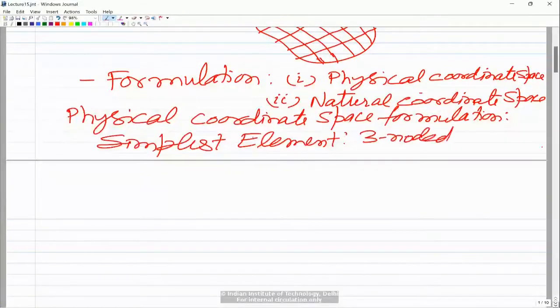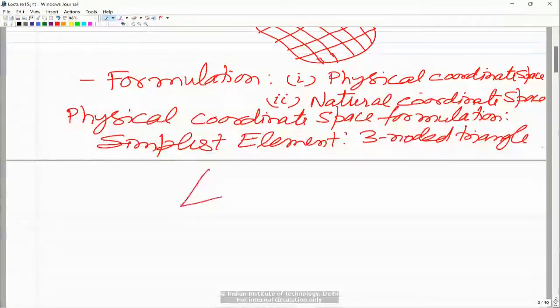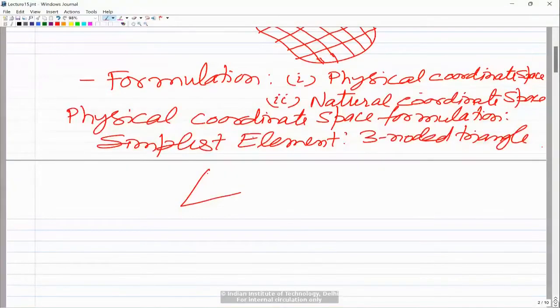Of course, the whole structure would be discretized into a number of elements. If you look at the shape of the element, it is going to be a triangle. I am sketching only one element here, and these are the corner nodes. Let us say the local node numbers are 1, 2, and 3, and the physical coordinates are x and y.